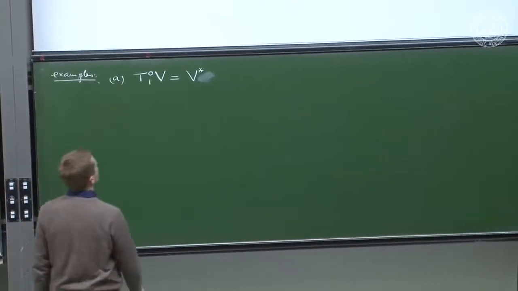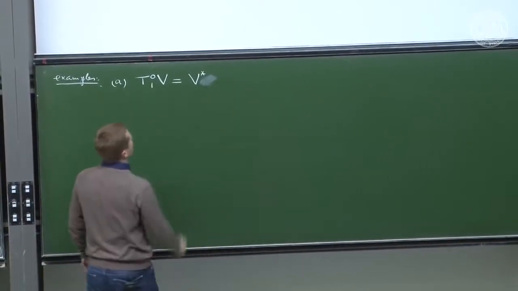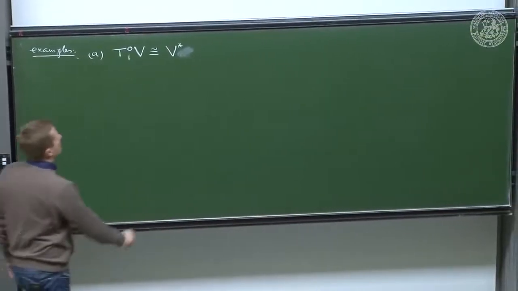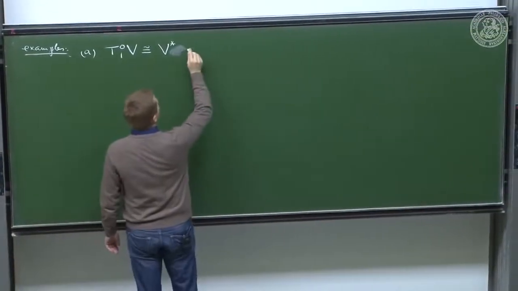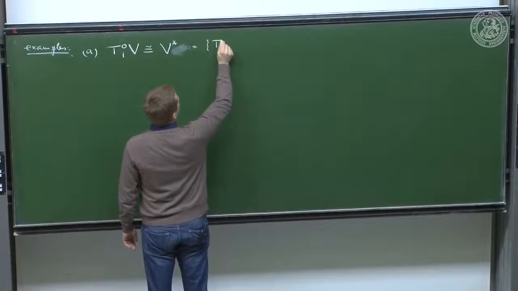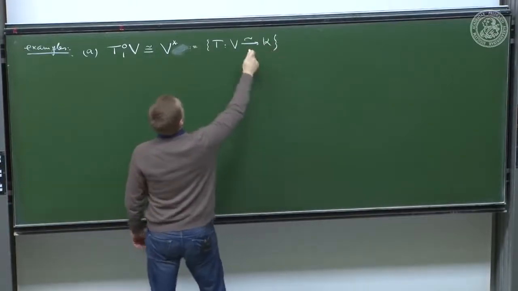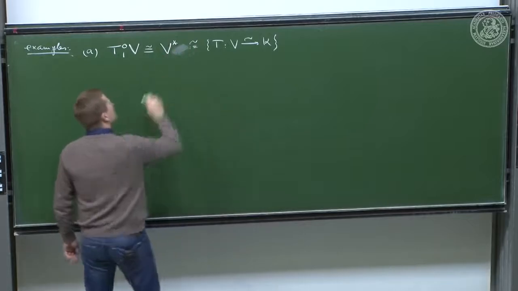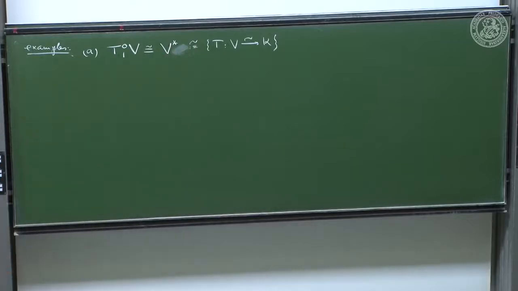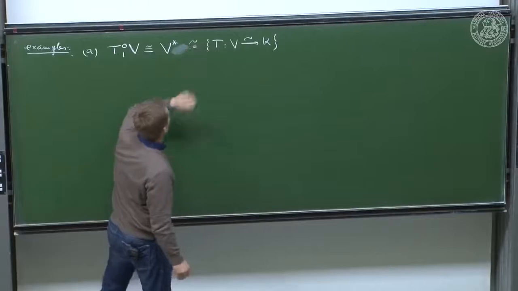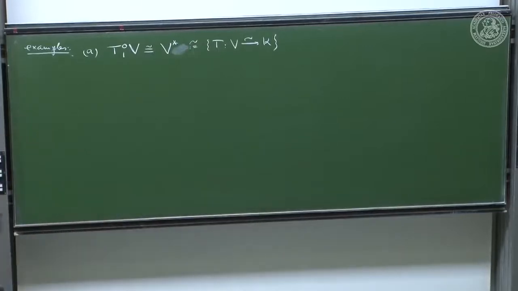Yes, so there's no tensor product, so that looks good. This is just notation at this point, and this is all the T's that start in V and multilinearly go to K. Oh yes, we agree that is indeed our definition of V star, so this notation is consistent with what we defined before.